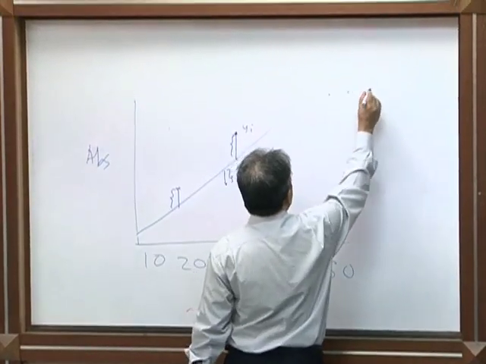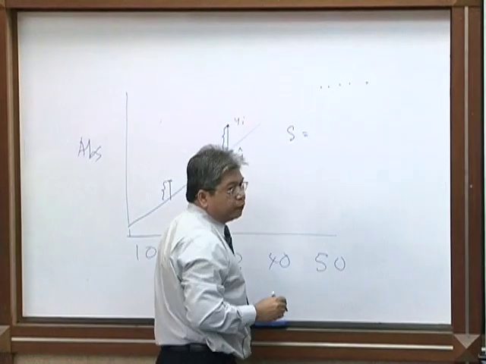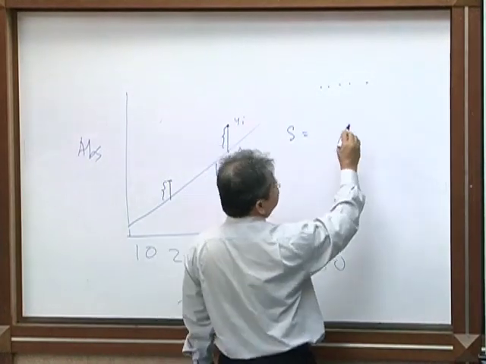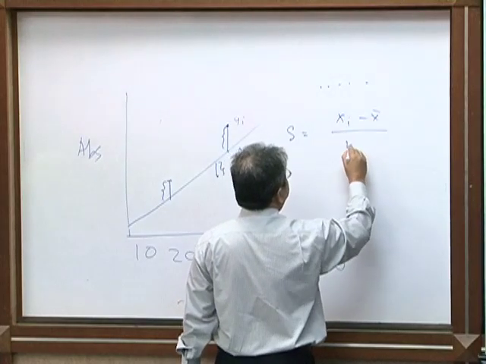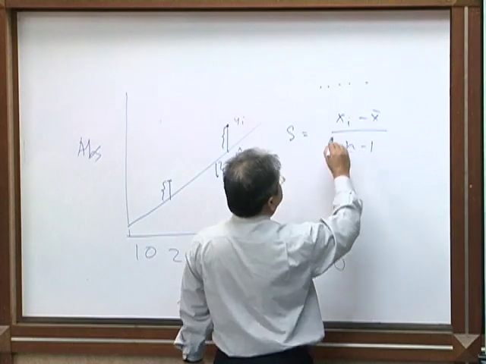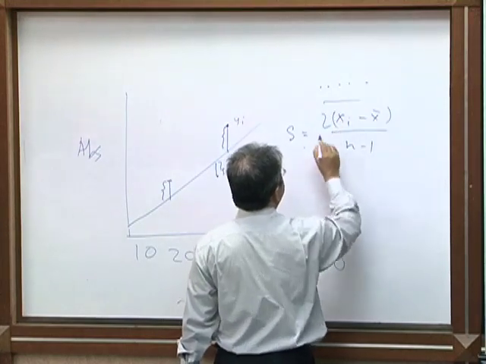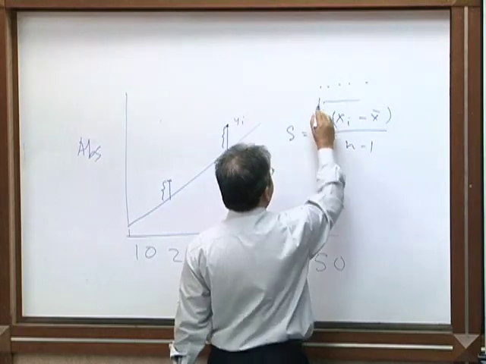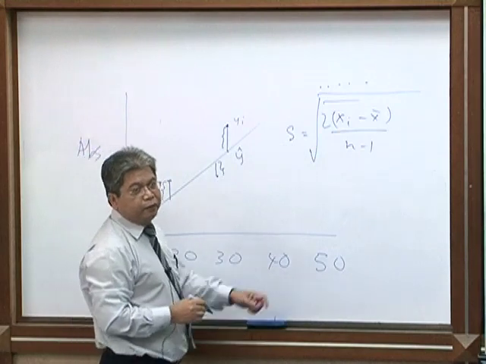If you look at the equation closely, it has a very similar form to the equation for standard deviation. If you had a single measurement, the standard deviation is the square root of the sum of (xi minus x bar) squared divided by n minus 1. Am I right?